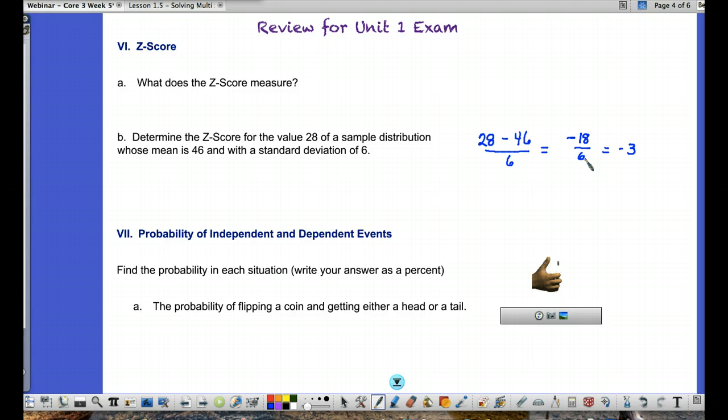What do you think? Type in your notes. Is 28 a typical value for this distribution, or is that pretty far from normal? Okay, so Pranav, you're exactly right. It's pretty far from normal.